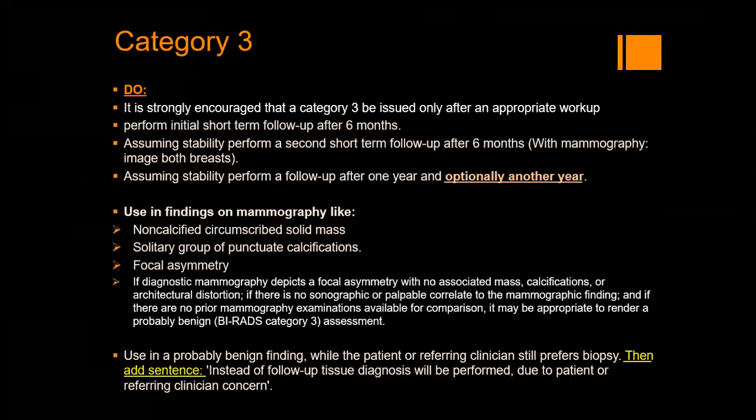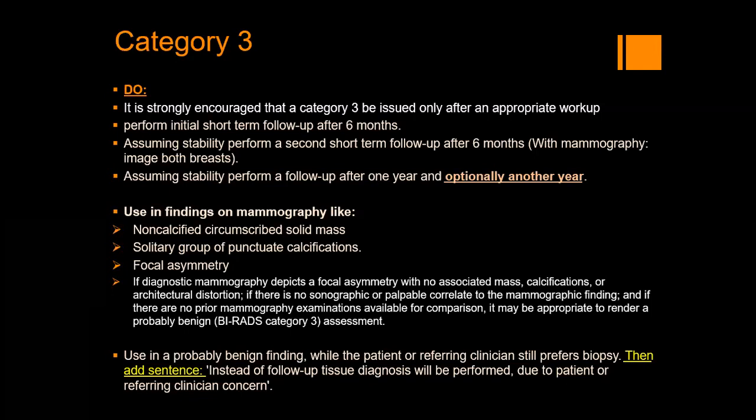Okay. So when we have to do category 3, it is strongly recommended only after appropriate workup. Perform initial short-term follow-up at 6 months, then assuming stability, perform a second short-term follow-up at 6 months. So from the beginning, if after diagnostic workup the lesion still looks probably benign, this is the first time.